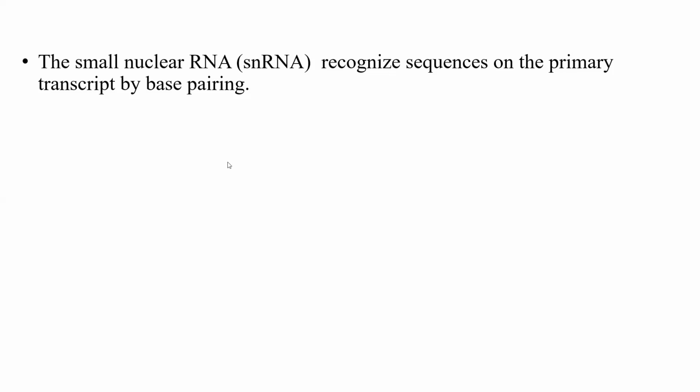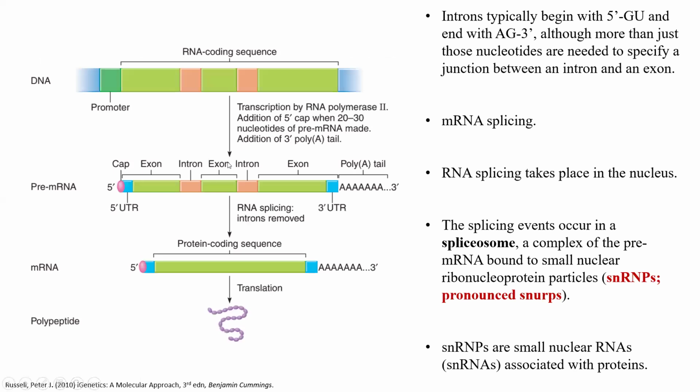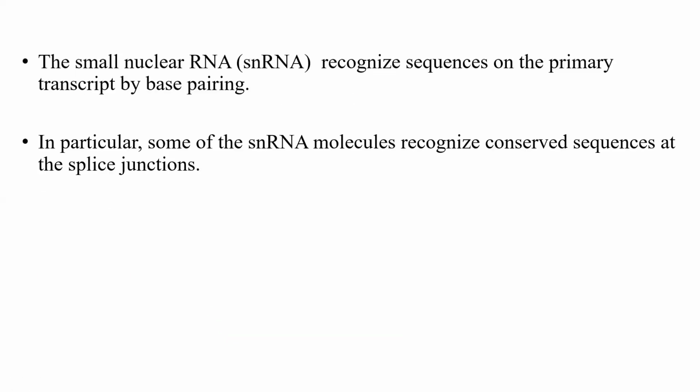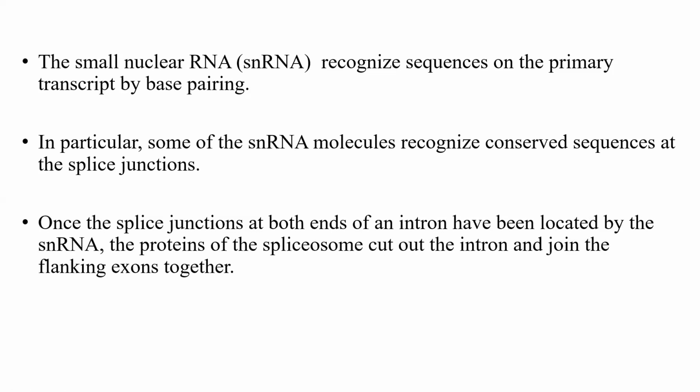And as I said, introns begin with GU and end with AG, but this base pairing also occurs. The snRNA recognizes introns. Some of the snRNA molecules recognize conserved sequences at the splice junctions and understand where exactly the intron begins and the intron ends.